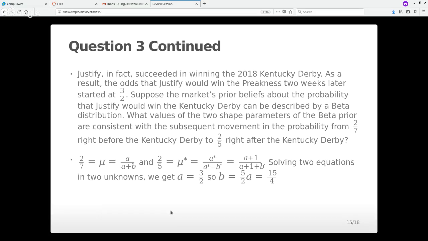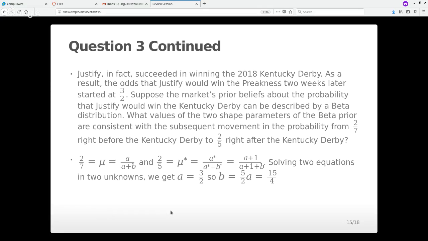So now we have two equations and two unknowns, A and B. It started off before the Kentucky Derby at 2/7, and then after the Kentucky Derby, before the Preakness, it had gone to 2/5. So solving two equations and two unknowns, not really a big deal.